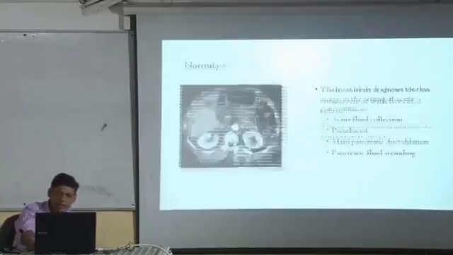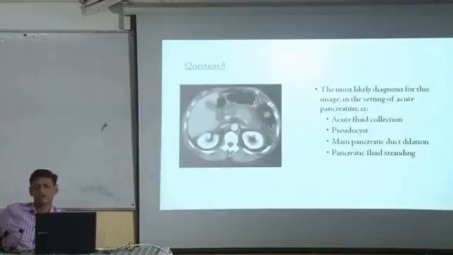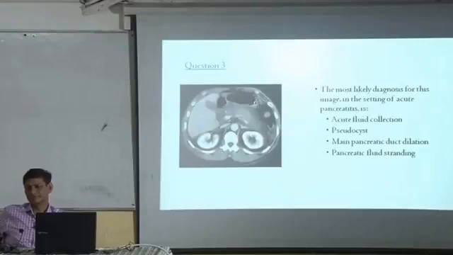there is one question there actually, which you must have seen. Probably it is the next question itself, what is the most likely diagnosis for this image shown in the setting of acute pancreatitis? Now you can very easily make it out what exactly has happened here. Is the cross section of the pancreas similar to the aorta, or is it larger? It is large. And what about the enhancement of the pancreas?